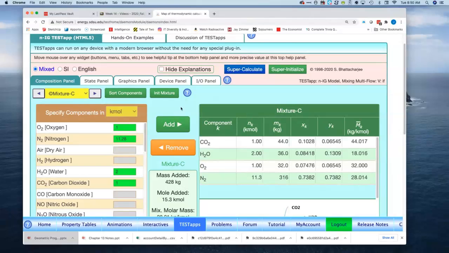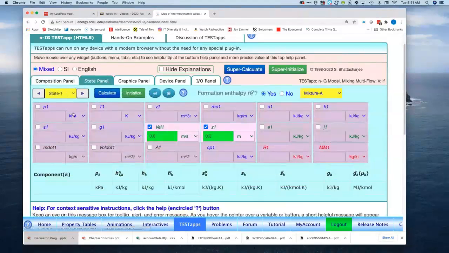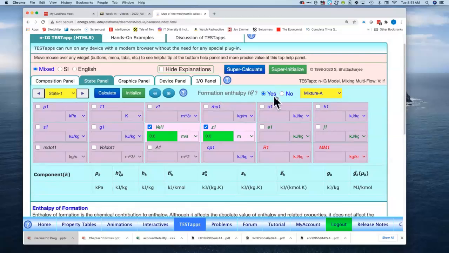Okay, so the next step, as we saw before, was to go into our state panel and say what we know about mixture A. Now you'll notice that it defaults, and when you see this yes here, it says formation enthalpy yes. What this is doing is making sure that the formation heat is included in the calculation of the enthalpy for mixture A, which is the methane.